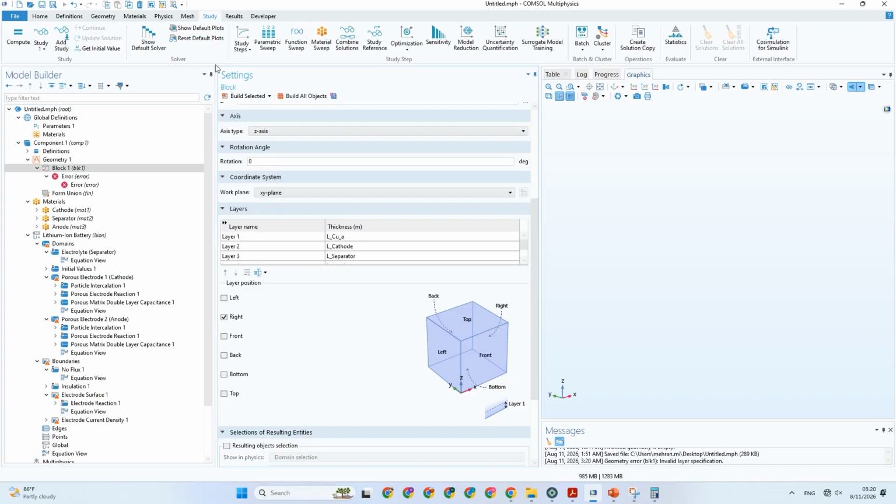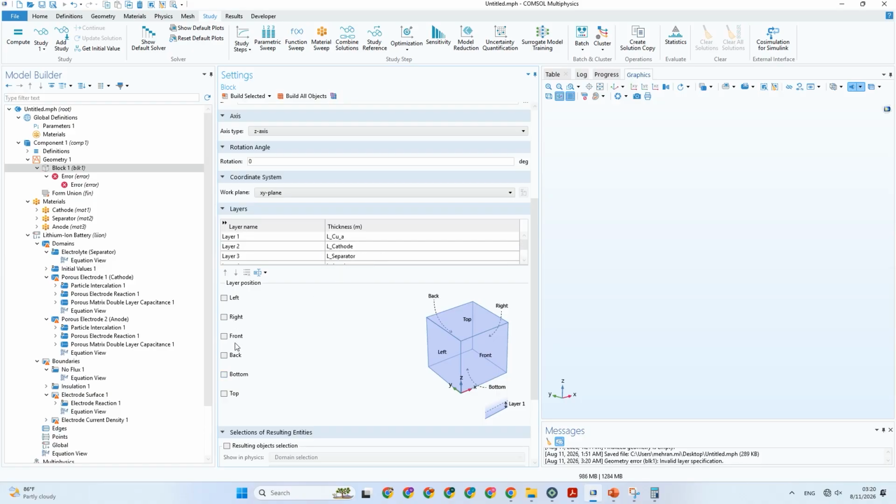Why it is layer number 4. Okay, L anode. We have 5 layers: CUA, cathode, separator, anode. What is problem? I don't know.